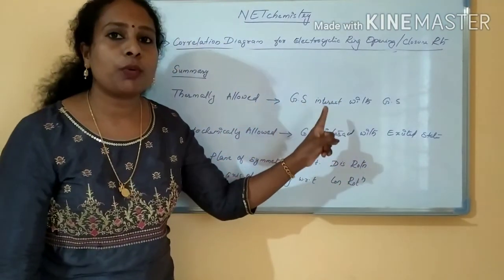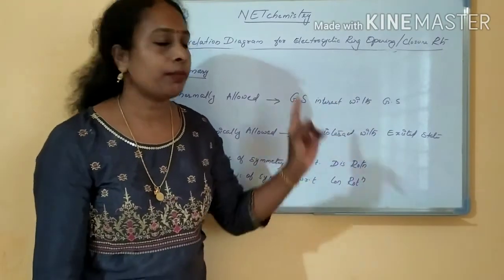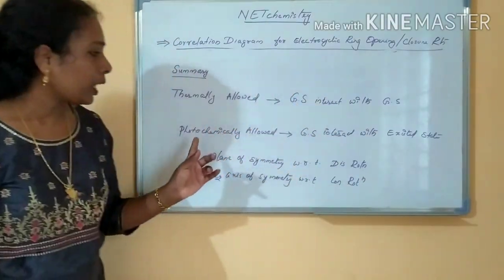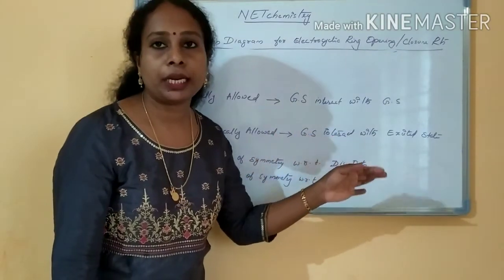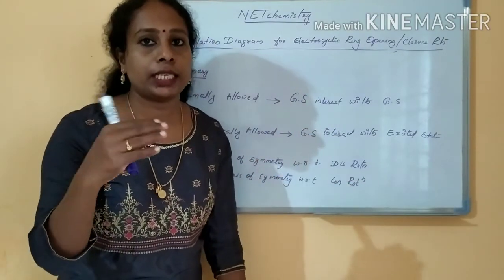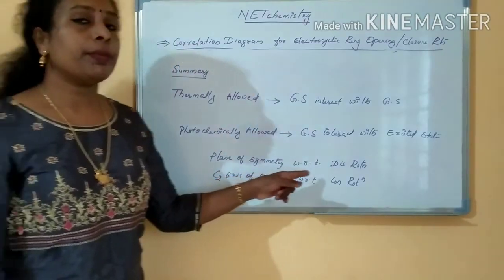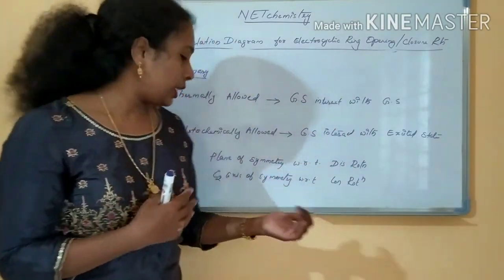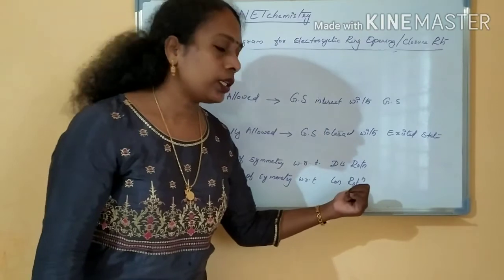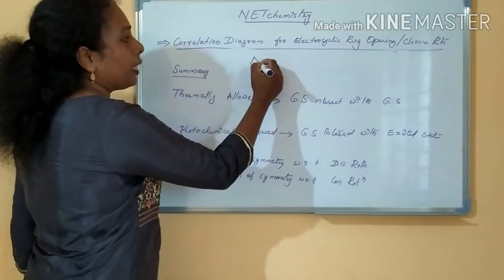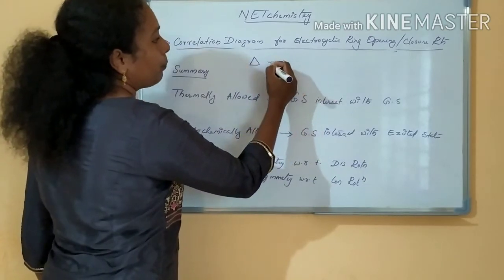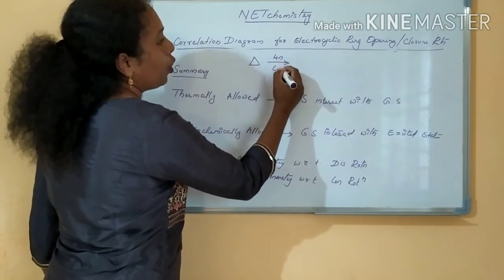Thermally allowed means the ground state will interact with the ground state based on the correlation diagram, and if it has to be photochemically allowed, then the ground state will interact with the first excited state. The plane of symmetry is with respect to disrotation, and the C2 axis of symmetry is with respect to conrotation.